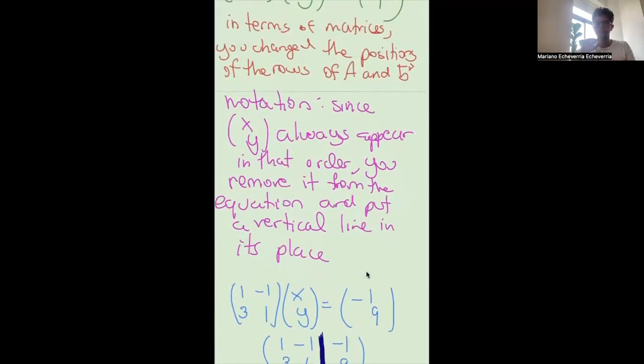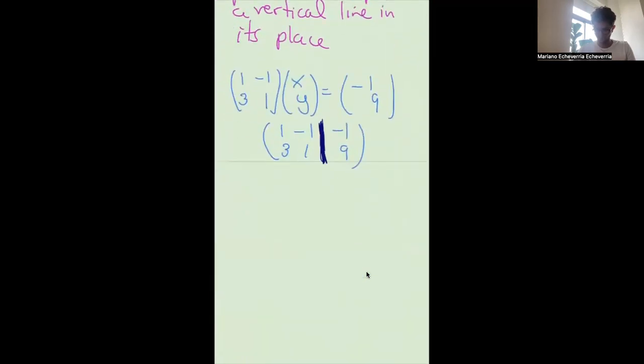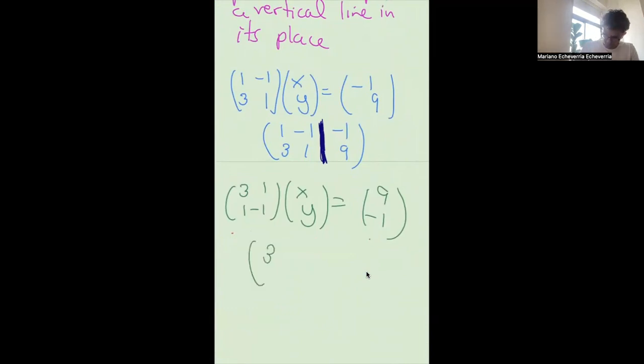And similarly here, instead of writing x and y explicitly, you write a vertical line in its place, and then you just write 9, -1.